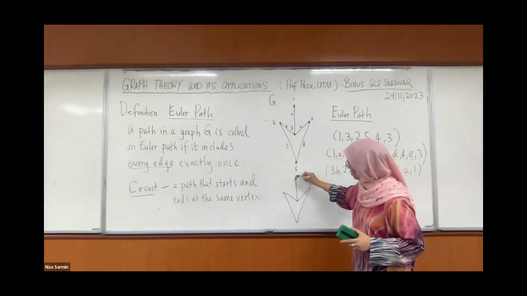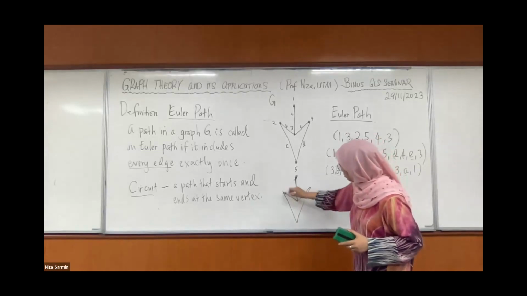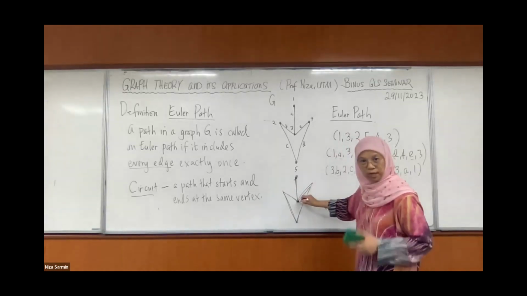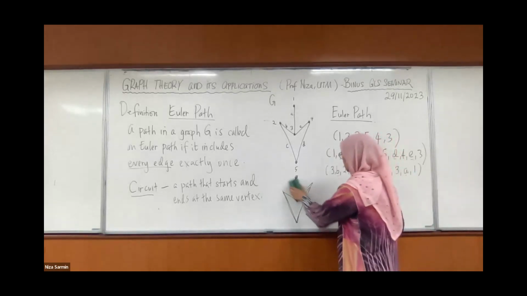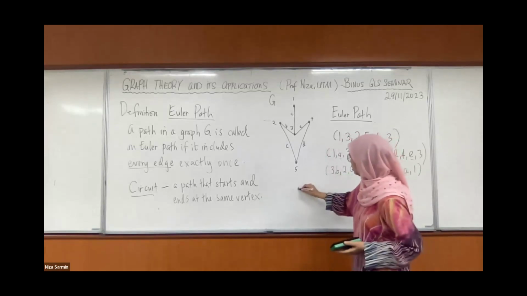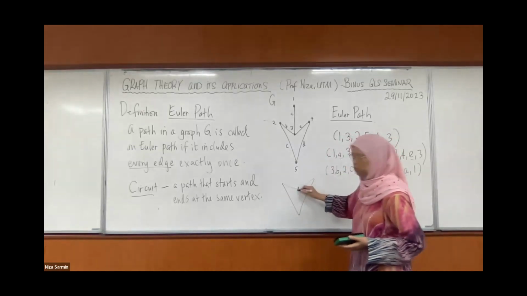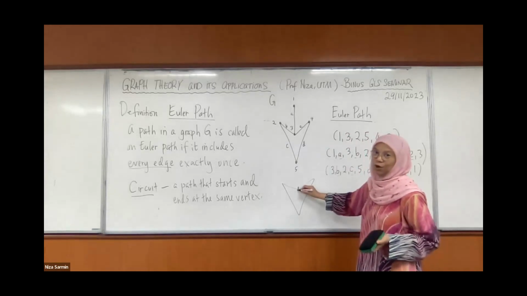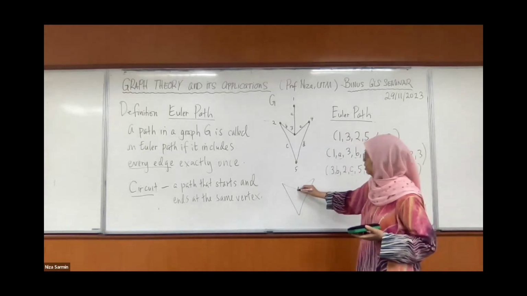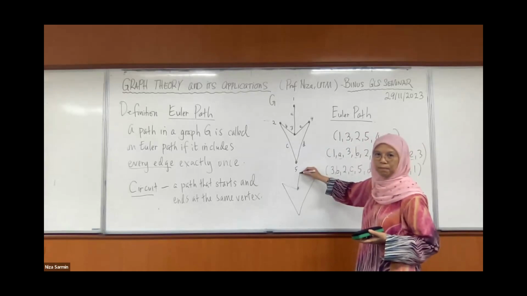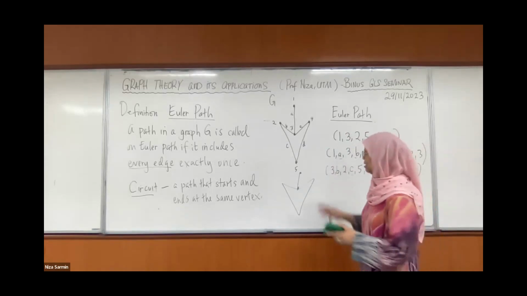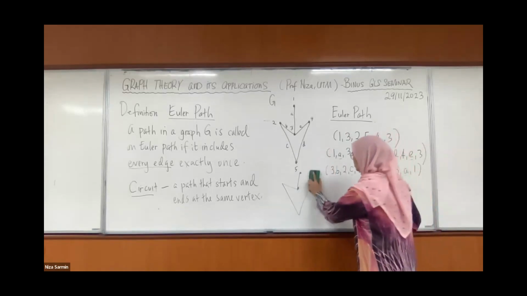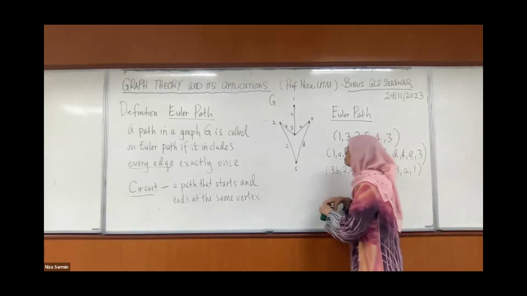If you start here, you have to stop here. You cannot go back. So there is no way. What if you start from here? If you stop there, you don't have an Euler path. You have to go back up, which is a different vertex. So this is just an Euler path, not a circuit. None here.